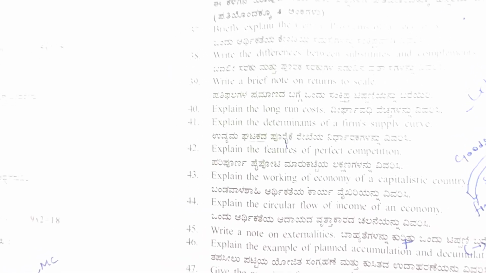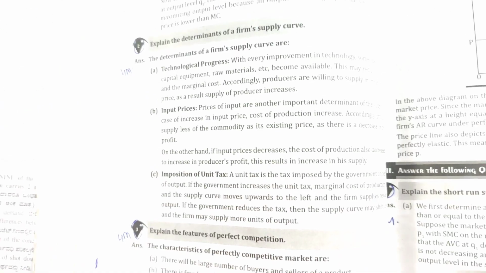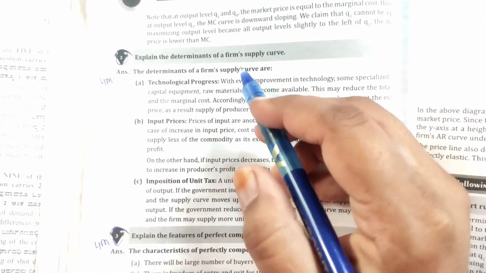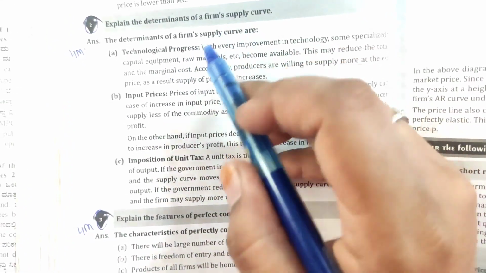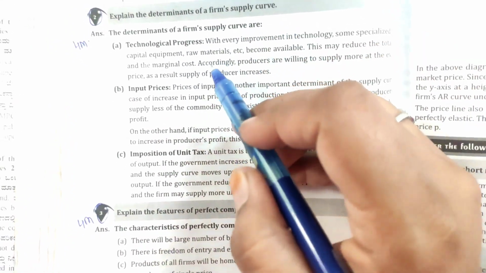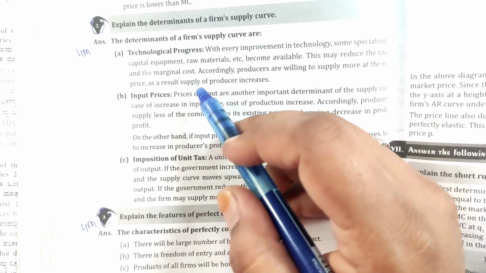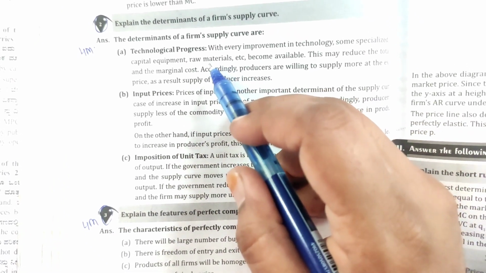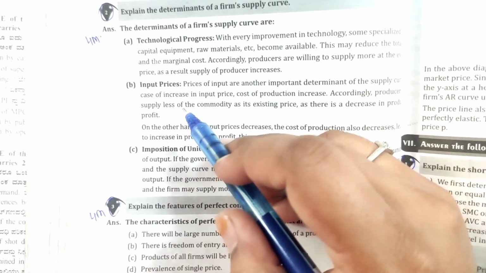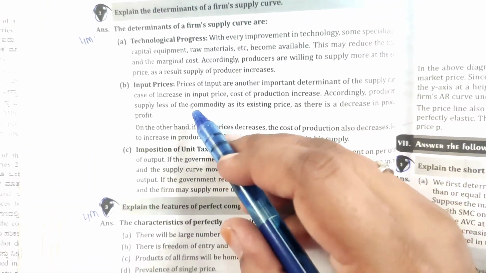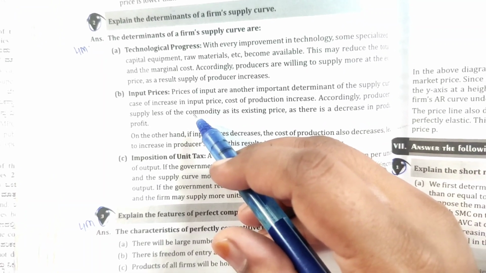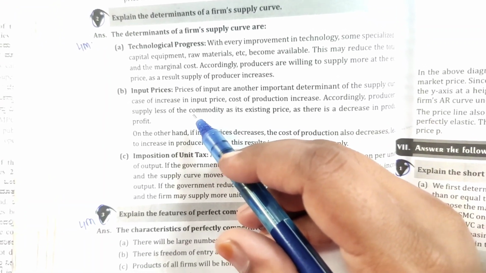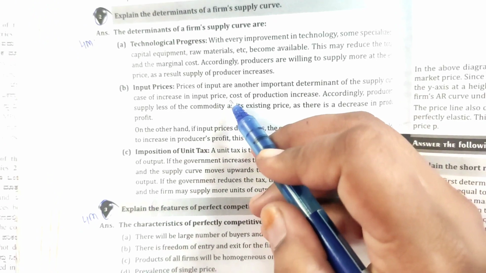After that, we have determinants of firm supply. In determinants of firm supply, what you need to write is that when technology improves, production increases, so you will supply more. Input prices: when raw material prices increase, the producer will buy less raw material, so he will produce less and supply less.